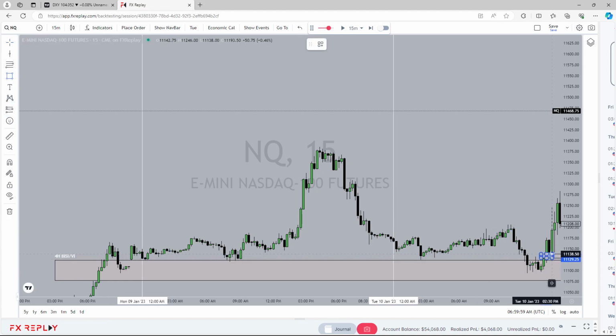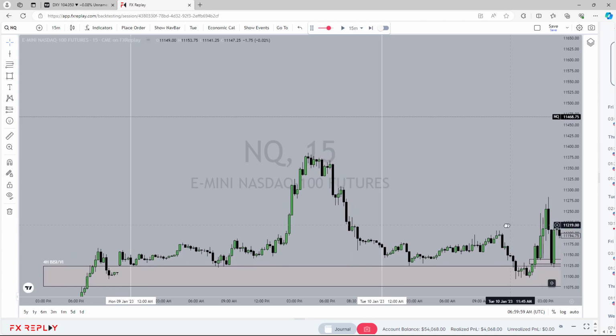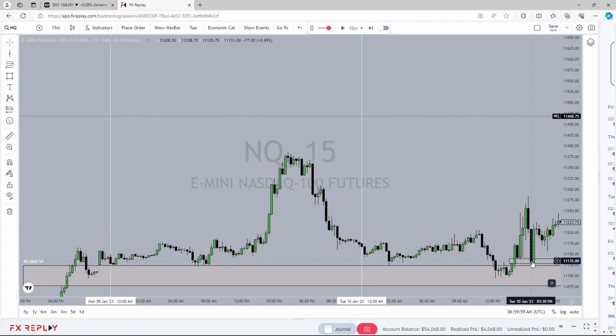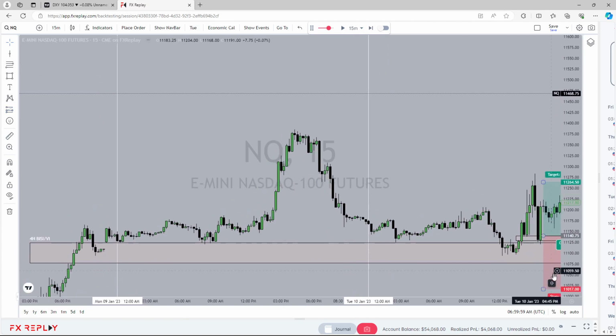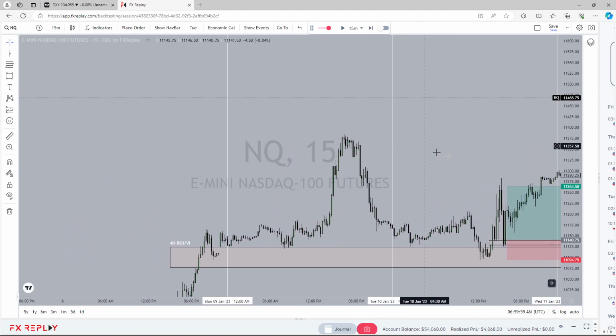I want to see a PD array get interacted with, and then what happens? We come down here, fair value gap. I take my entry. Unfortunately, I messed it up, but stop loss down here and take profit up here. Simple high. It's an obvious high.